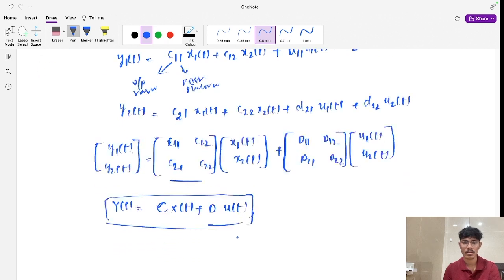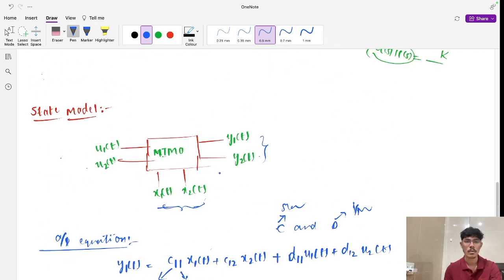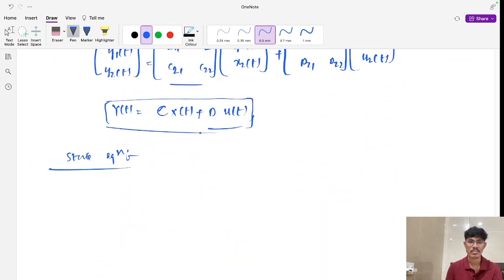Now we can find the state equation. The first state variable's differentiation is the state equation dx1 of t by dt.